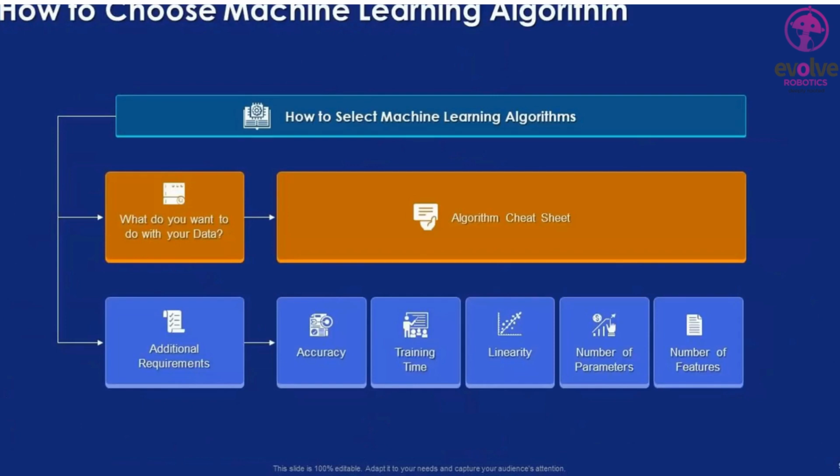How to choose a machine learning algorithm? First of all, you have to understand your data and your problem. Only after identifying your problem type, you can choose whether it comes under classification, regression, or clustering, etc. Because if it is a regression problem, and if you're using classification algorithms, it's not possible.